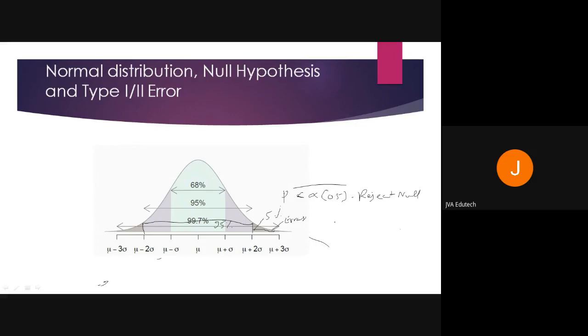Let's assume a null hypothesis: men cannot become pregnant. And its alternate hypothesis could be men could become pregnant.